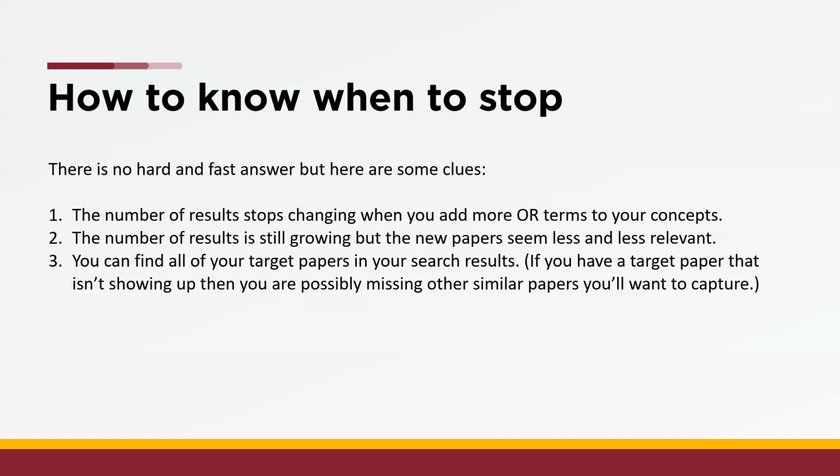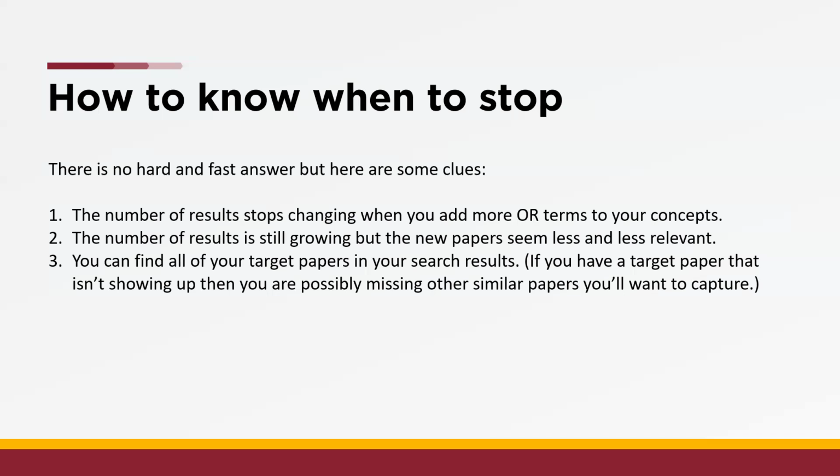Or finally, another check is all those target papers that you found in your protocol, your 5 to 10 target papers that fit your inclusion exclusion criteria perfectly. They should show up in your results. You do a little control F in PubMed and you're looking for the title and it's popping up. It's in one of your pages of results.